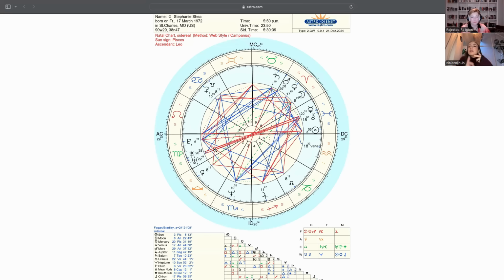So the first house is the self. It's the Aries house, because Aries was considered the first sign of all the 12. That is something that is actually still used in sidereal astrology. Even though, what is to say which is the first sign if we don't use the tropical system?